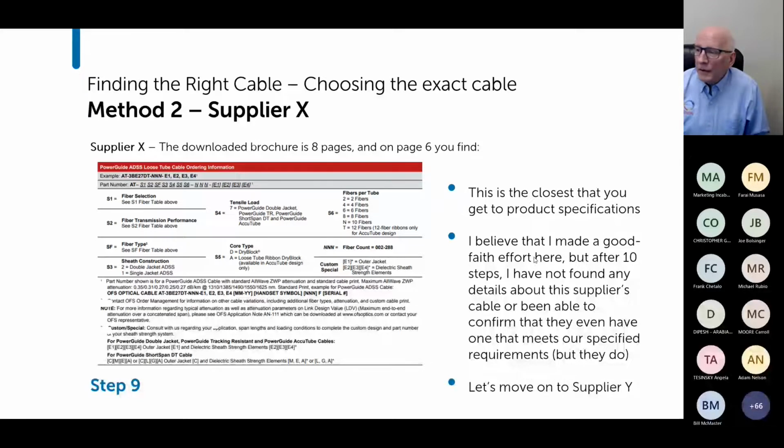And I think that I made a good faith effort here to find a cable that met my hypothetical requirements, but I don't find anything that detailed that helps me out. And I'm on step 9, according to this. But anyway, I think I said 10 steps over here, but whatever. So I give up. So I'm moving on to supplier Y.